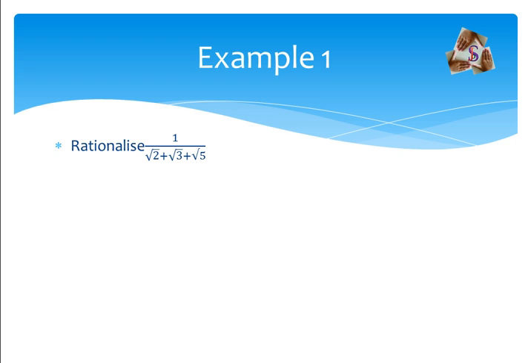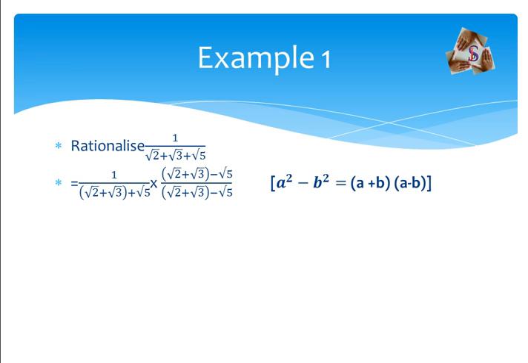Rationalize 1 by root 2 plus root 3 plus root 5. We can see that there are 3 terms in the denominator. Hence it is a trinomial. As my step 1 says, I will place the roots in brackets. So I write it as 1 by, root 2 plus root 3 in brackets, plus root 5.